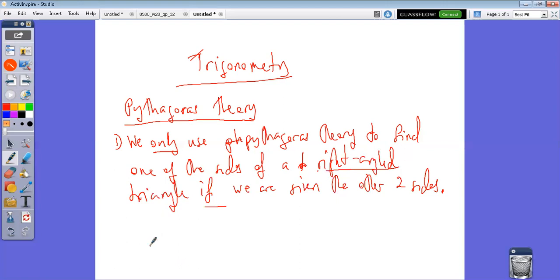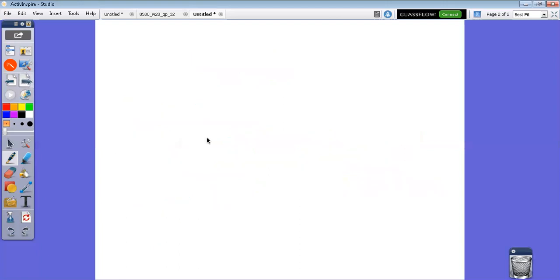That's when we use Pythagoras theory. Is that making sense? Only for a right angled triangle, number one. Number two, only if we are given the other two sides to find the third side of the right angled triangle. That's where we use Pythagoras theory.